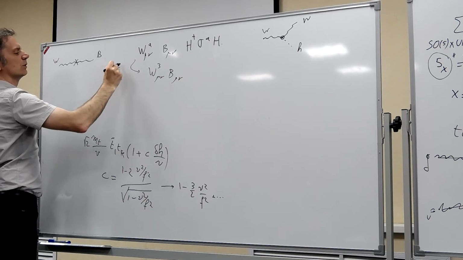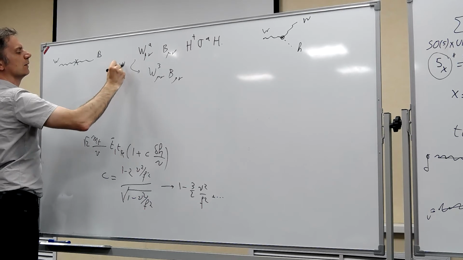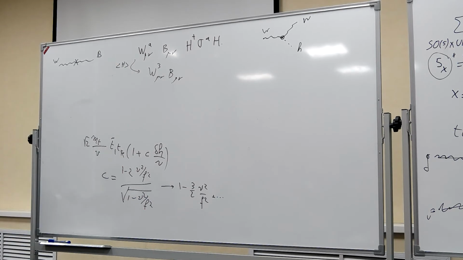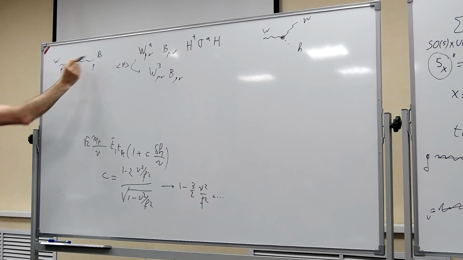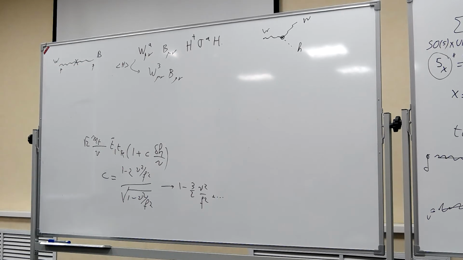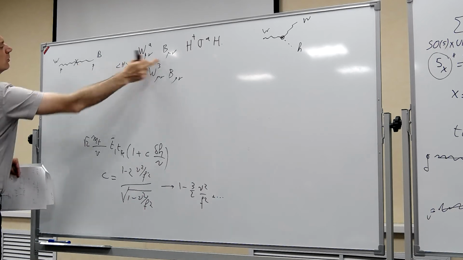So now we started to make the connection with the higher dimensional operators that I already mentioned yesterday. This is the correspondence between a and a dimension 6 operator that you can write in the standard model Lagrangian, the correction to the Higgs kinetic term.